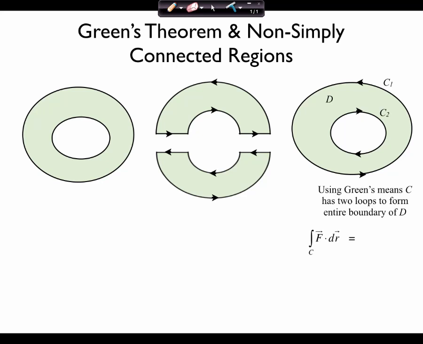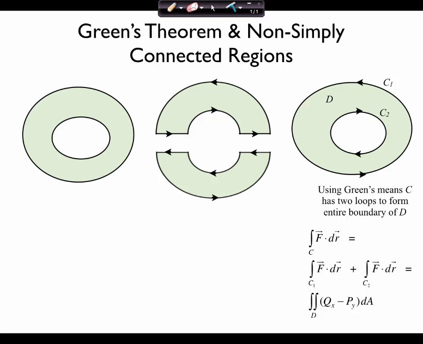And so the circulation integral is the sum of the individual loops, C1 plus C2. And so for Green's theorem, the sum of C1 plus C2, which is the whole boundary, is going to equal our double integral.